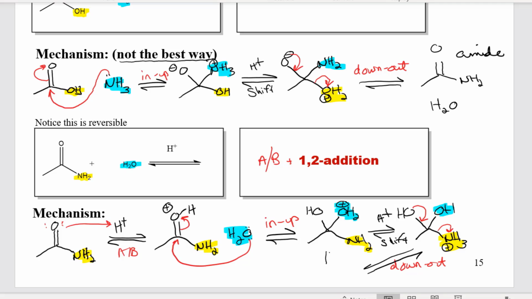This gets us to the nitrogen being driven off, the oxygen being driven on, and I am now at the point where I can work it up to get my final product, which is the carboxylic acid.